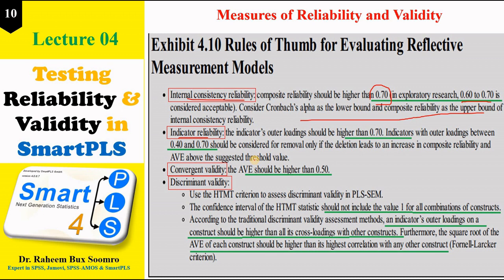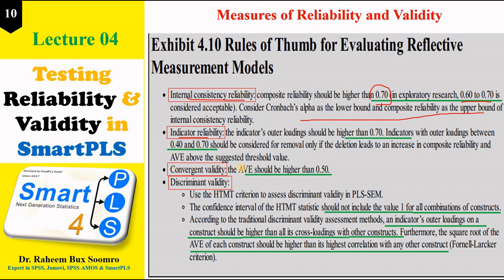If the reliability has already been achieved, then there is no need to delete any indicator whose loading is 0.4 or higher. But any indicator whose loading is below 0.4 should be deleted outright.